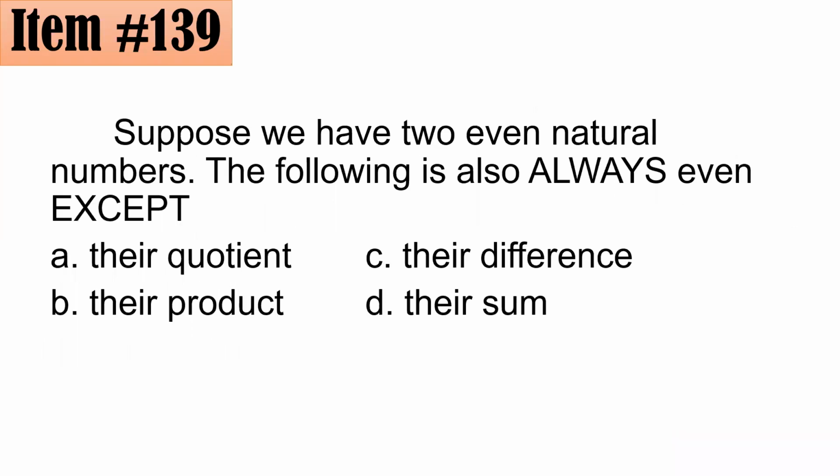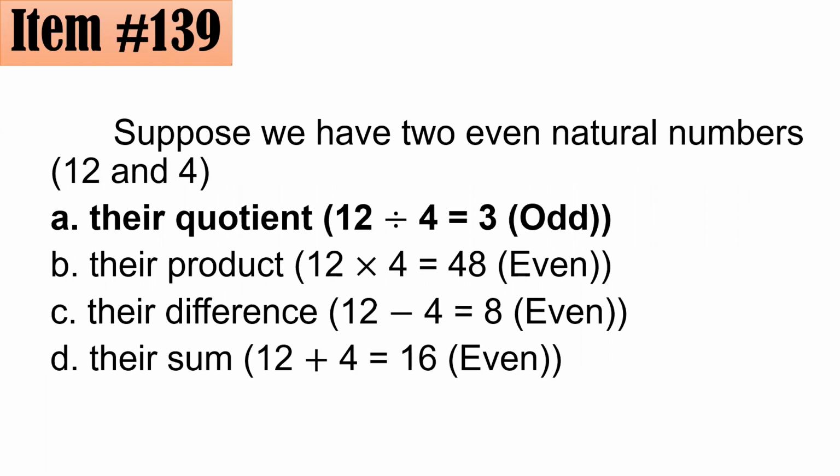Suppose we have 2 even natural numbers. The following is also always even except quotient, product, difference, or sum. Okay. Tama nga kaya si A? Hindi ba always even yung kanilang quotient? Let's see. Actually po, suppose we have 2 even natural numbers now.